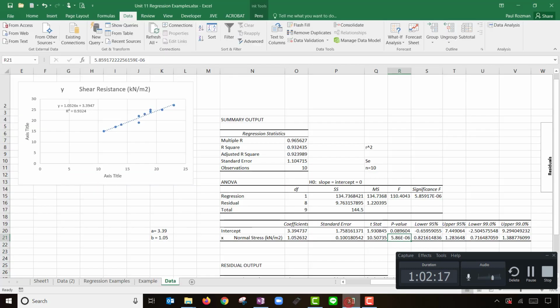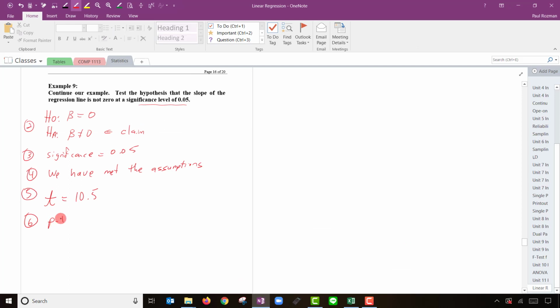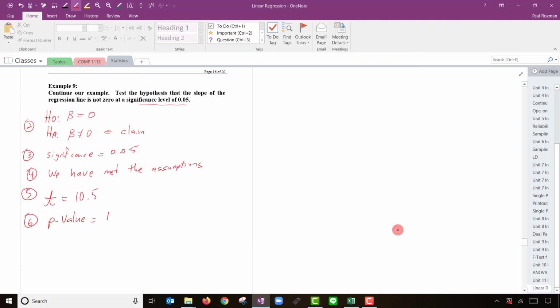Our p-value was 5.86 times 10 to the minus 6. So we'll reject the null hypothesis, which means we'll support the claim that the slope isn't 0.